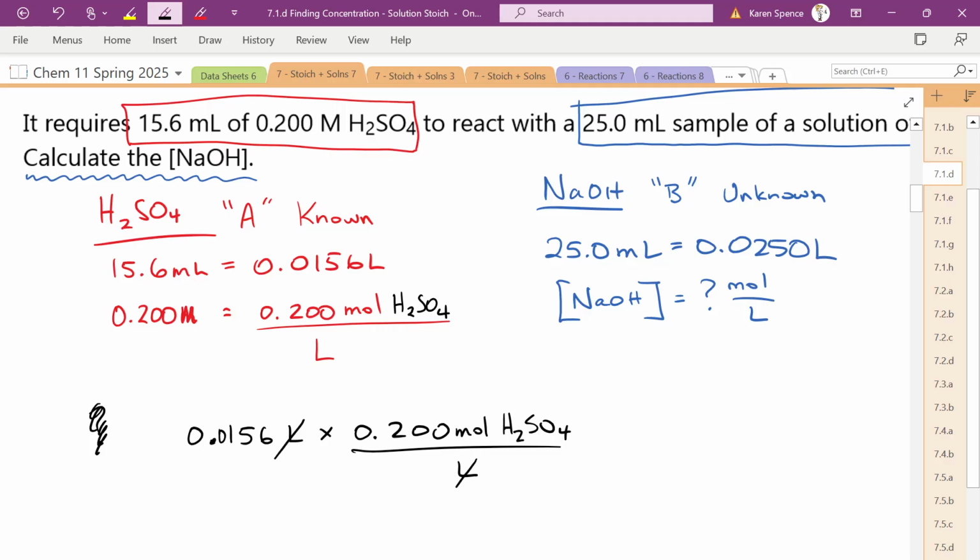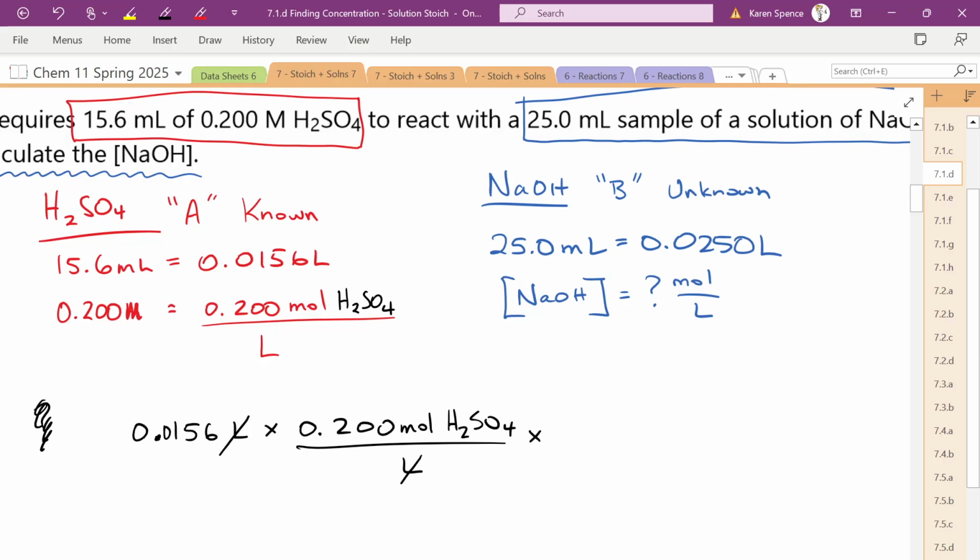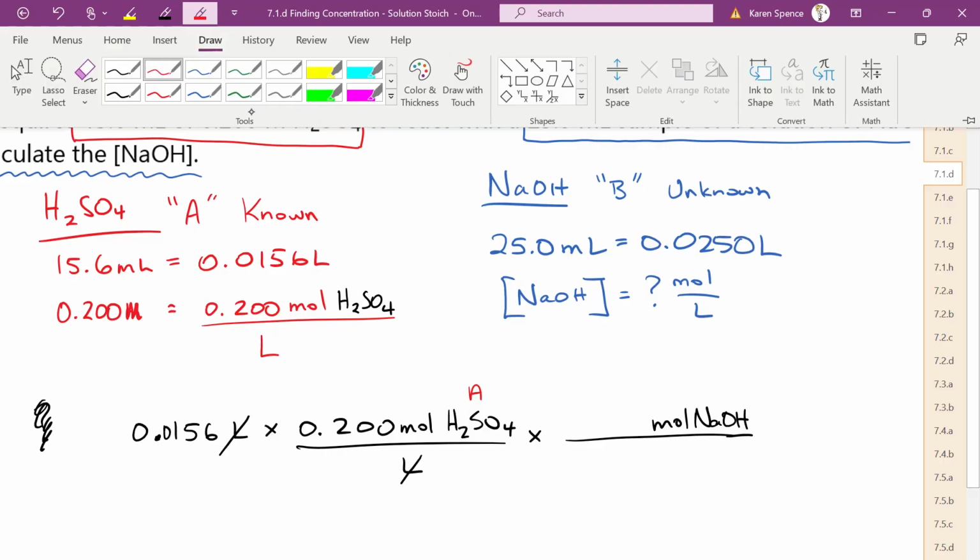That gives us moles of H2SO4. And then we want to find moles of NaOH. So we found moles of A, and now we're finding moles of B.